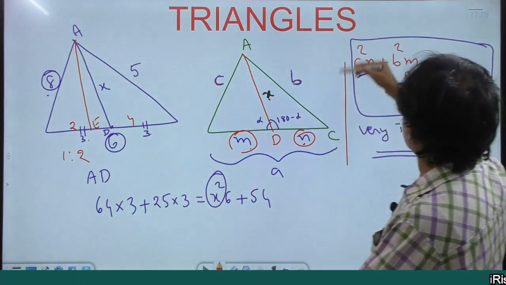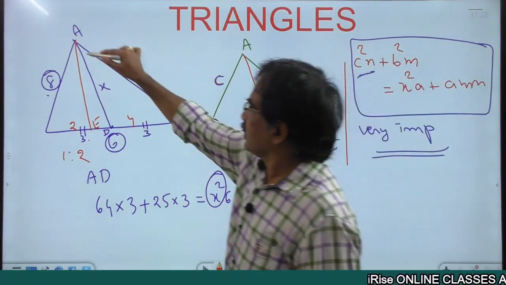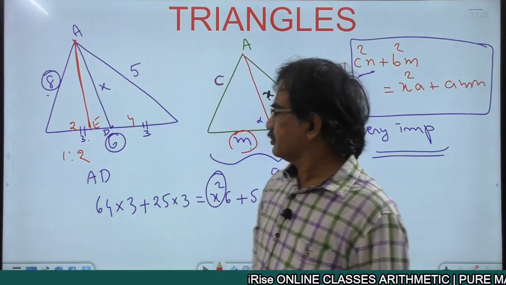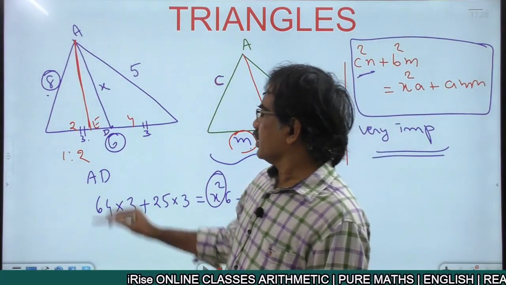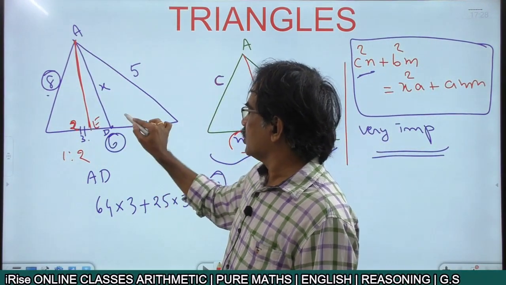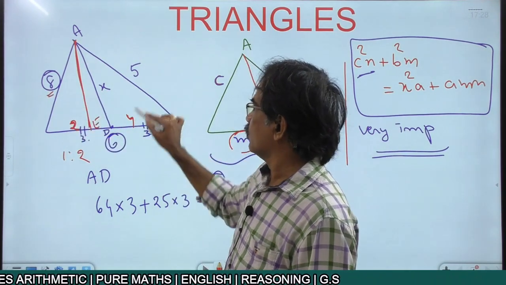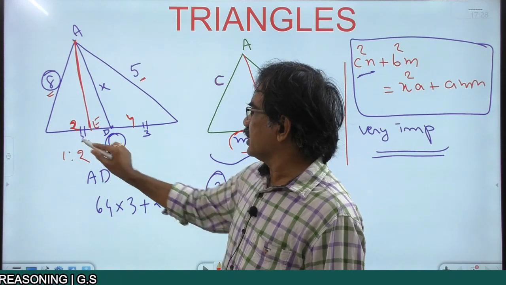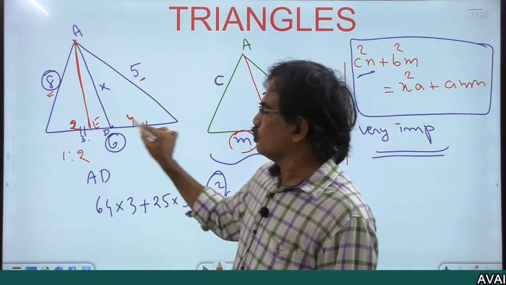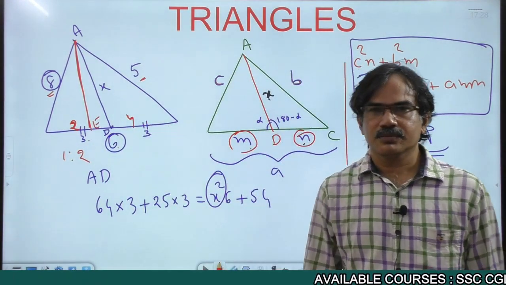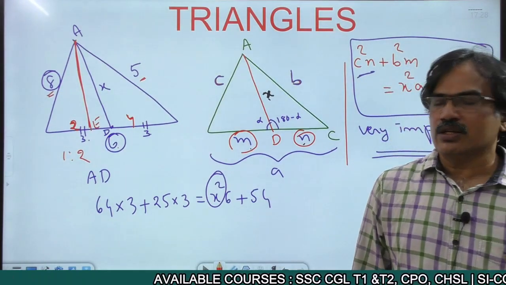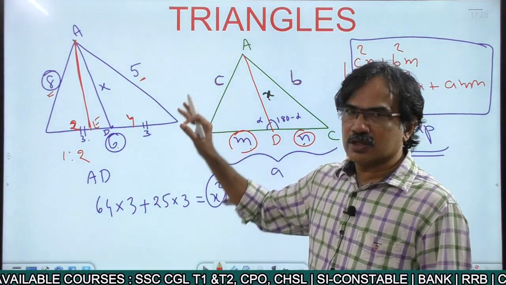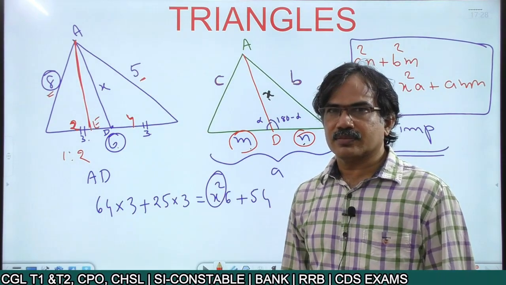Apply the same formula. 1 is to 2 means this part is 2, this part is 4. 8 square into 4, 5 square into 2 is equal to x square into 6 plus 6 into 2 into 4. That's all. So this cosine rule is applicable for this type of question.